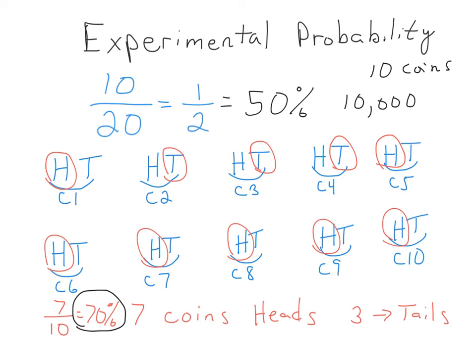The more events that you do, these are called events, the closer it will get to the theoretical probability. Right now, we only did 10 coins, and that's not enough to make any type of decisions off of. But the more you throw, 10,000, 100,000, 200,000, the closer you will get to the magic number of 50%.